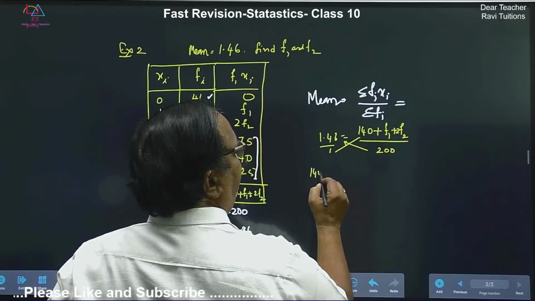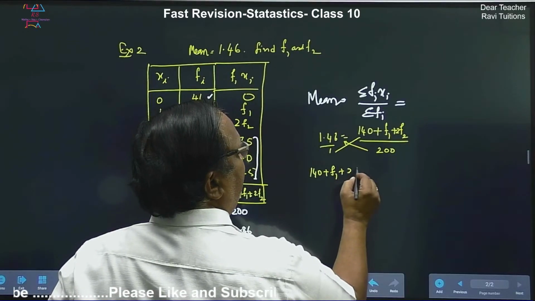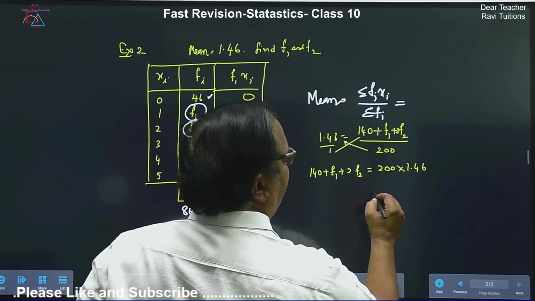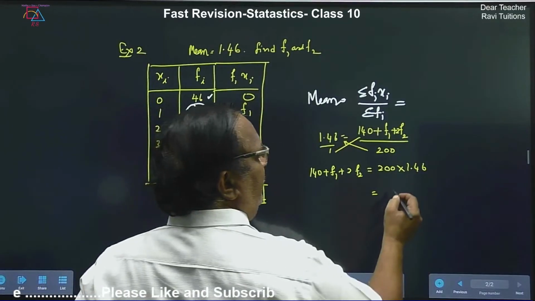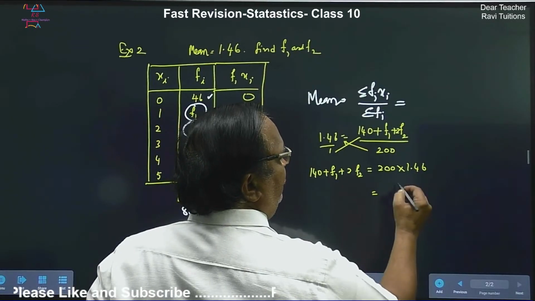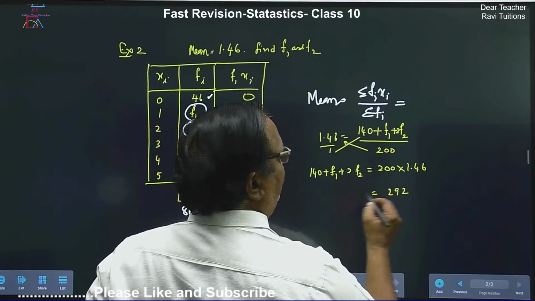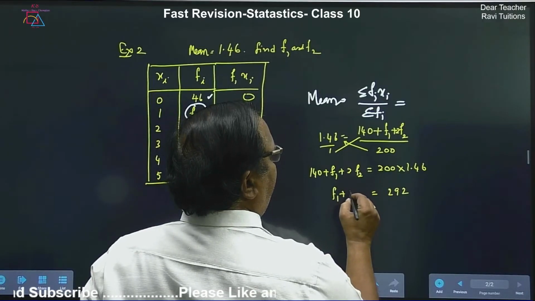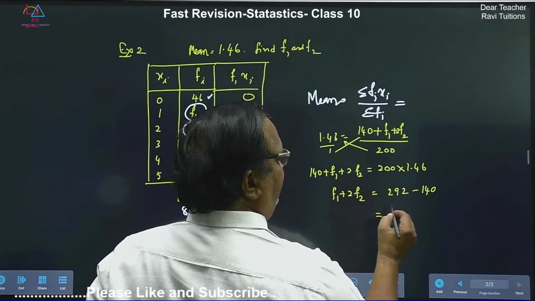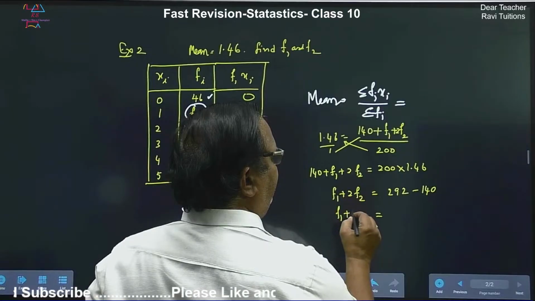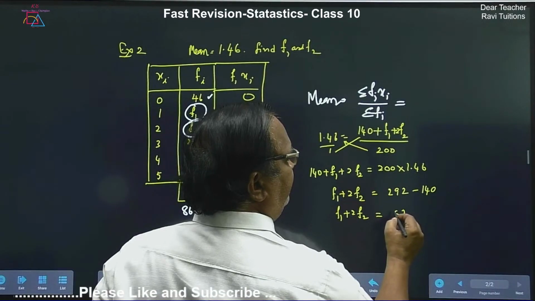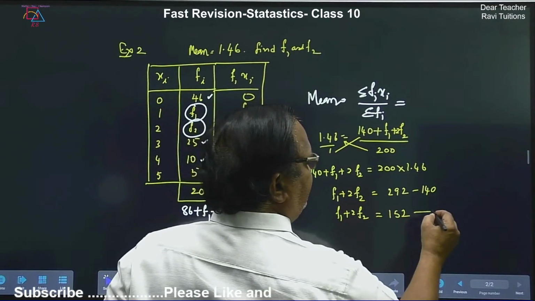So 140 plus F1 plus 2F2 is equal to 200 into 1.46. So the decimal will go, 2 zeros, and 2 से multiply करना है. 6 2s are 12, 4 2s are 8 plus 1 is 9, 2. So F1 plus 2F2, you send 140 to the other side. Then F1 plus 2F2 is equal to 292 minus 140, which is 152. So this is the second equation.